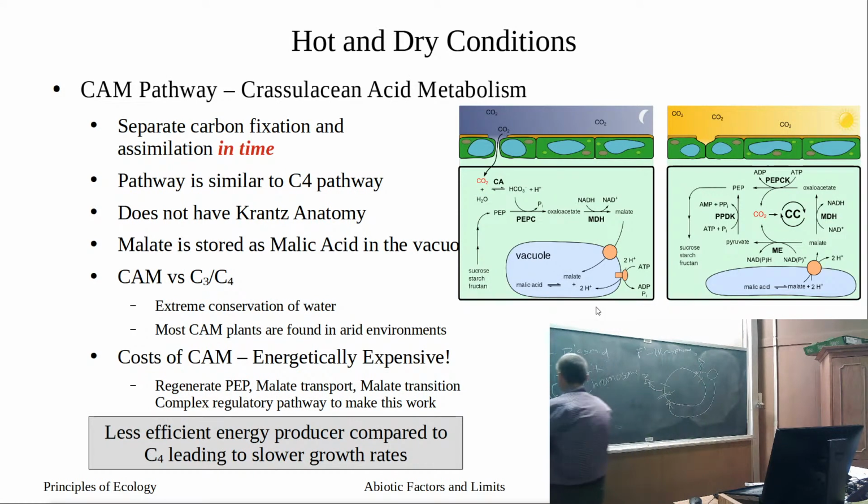I think I did do the compensation point graph, but just as a review, we have our concentration of CO2, and our oxygen generation. Here's our zero point.